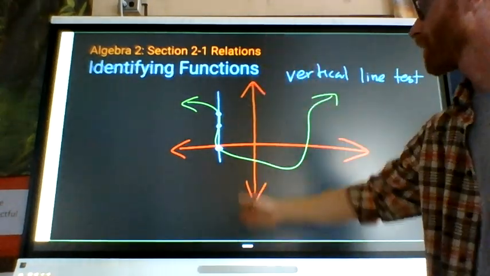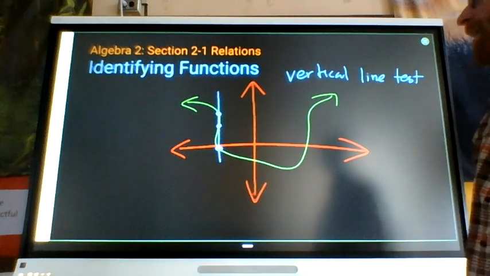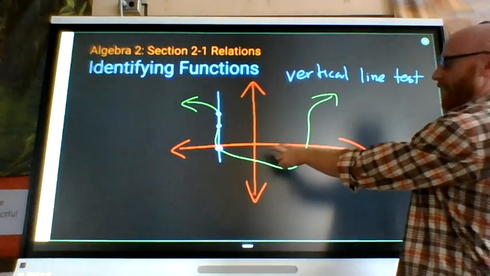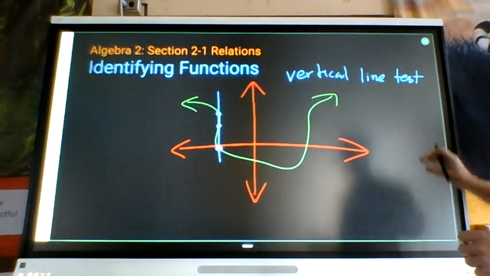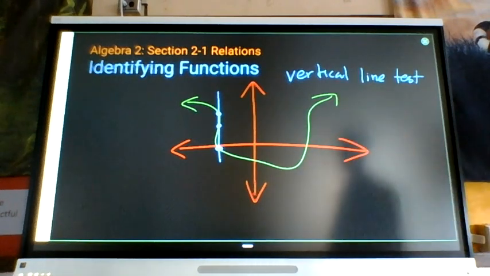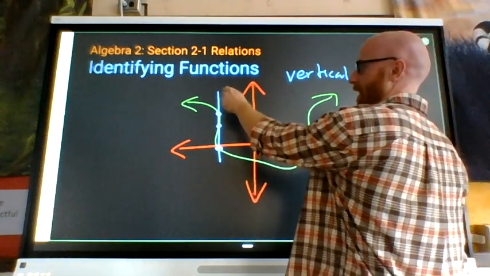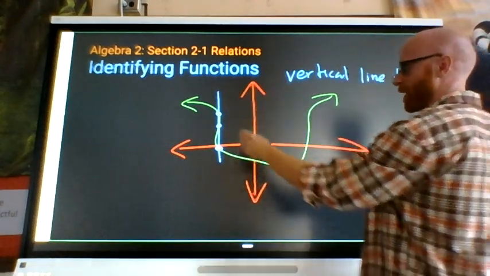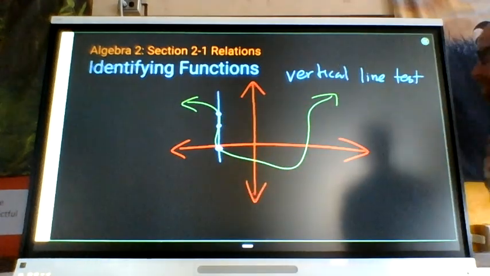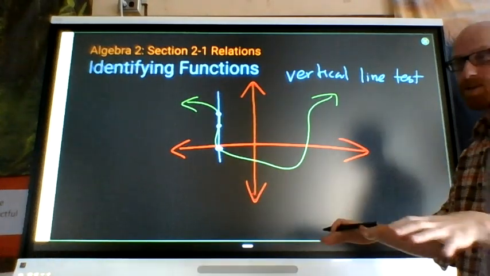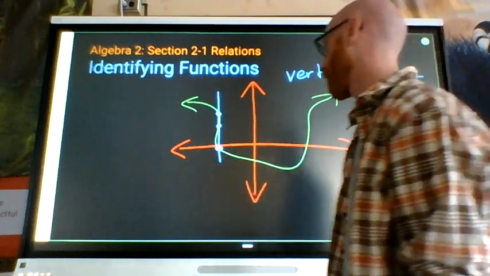Okay, if nowhere along the relation can I draw a straight up and down line parallel to the y-axis that cuts through the relation more than once, then I have passed the vertical line test and I have a function. If, like this green thing, I can find one place or more than one place where I can draw a vertical line that touches the relation 2 or more times, then the relation is not a function. Okay, it means that one x value goes to, in this case, 3 different y values.